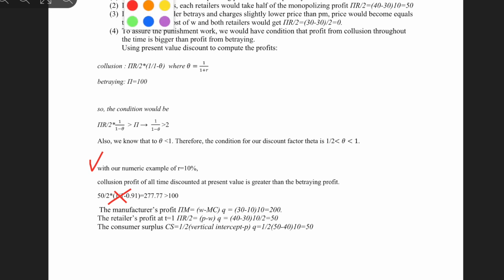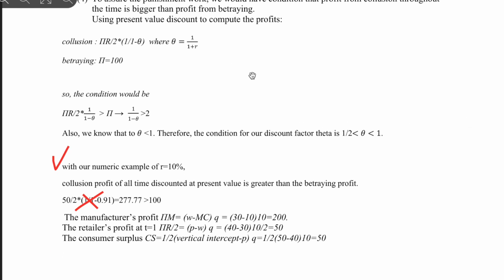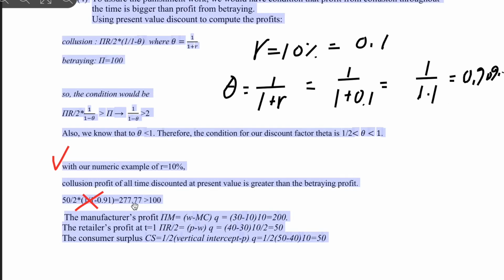So R equals 10%, that is 0.1. So 1 over 1 plus R, which is theta, equals 1 over 1 plus 0.1, that is 1 over 1.1. If we calculate it, there is a value of 0.90-something. They rounded it to 0.91, and I'll just keep it as 0.9 to make it simpler.